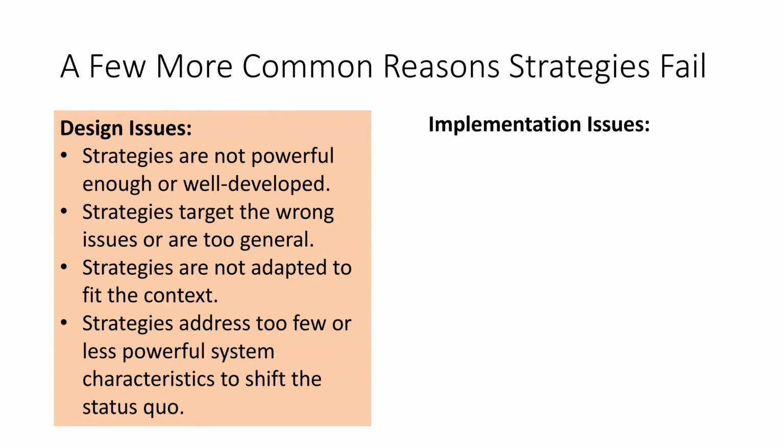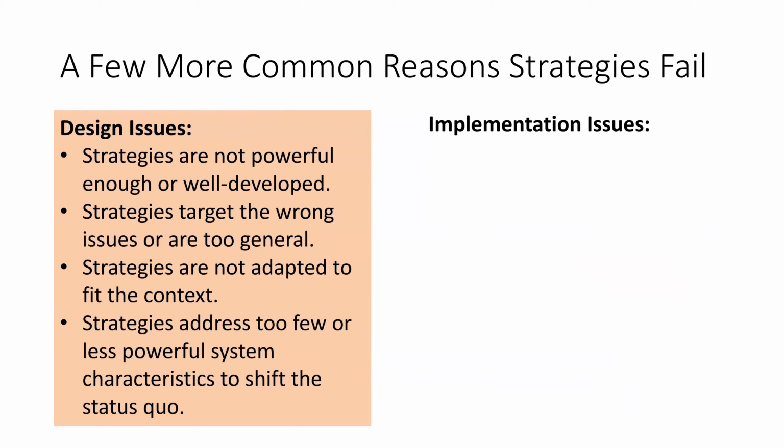And then finally, another way strategies can be weak or not powerful enough is because they are only targeting a few of the system characteristics that are needed to shift the system. For those of you who are familiar with the able change system characteristics, like mindsets and components and regulations and so on, those are just different ways of thinking about the system.